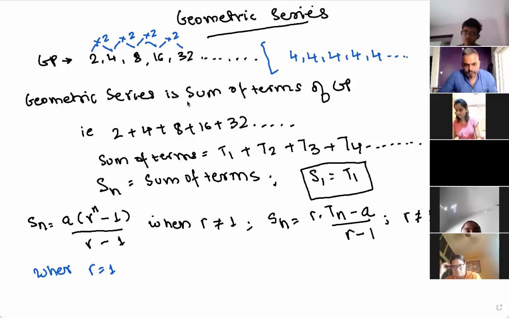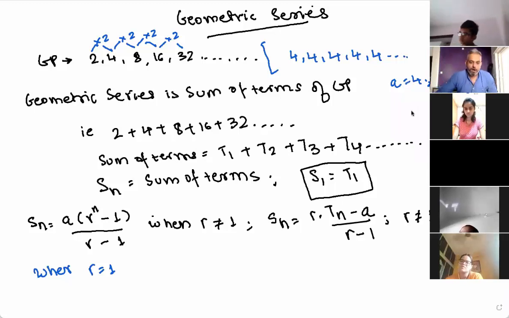Many are saying no, many are saying yes. Now, it is a geometric progression because here you can take A is equal to 4 and R is equal to 4 upon 4, which is equal to 1.